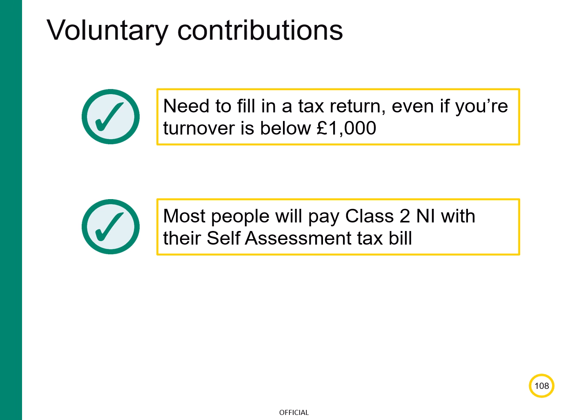To make voluntary contributions, you're required to fill in a tax return even if your turnover is below £1,000. Most people will pay voluntary Class 2 contributions with their self-assessment payment by 31st of January, following the end of the tax year.